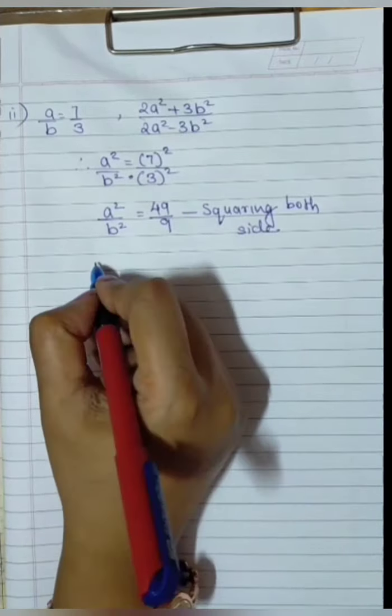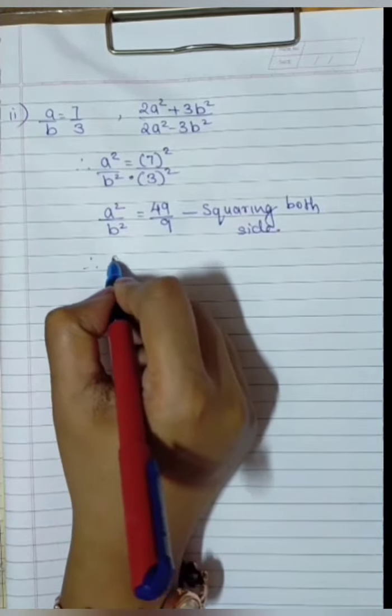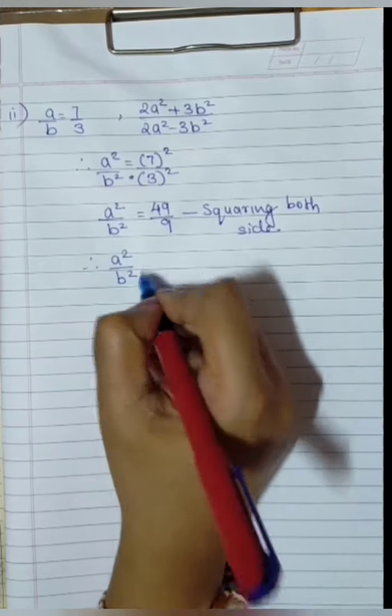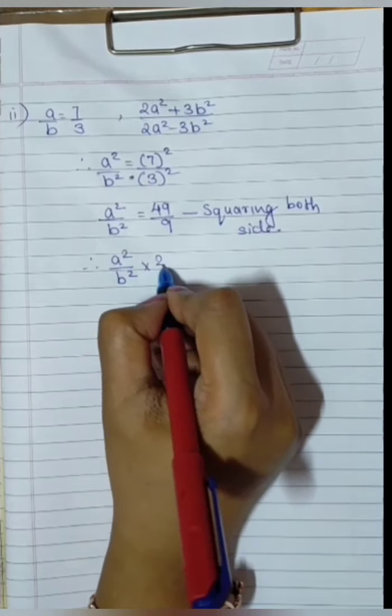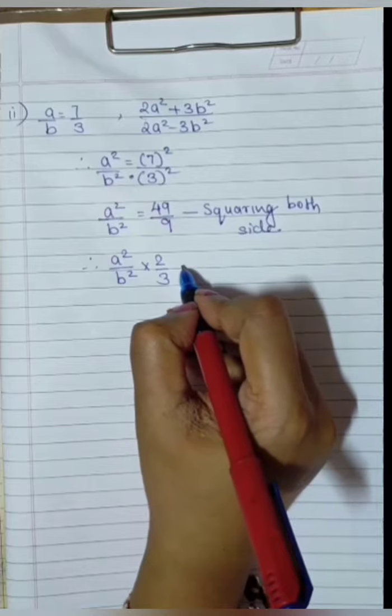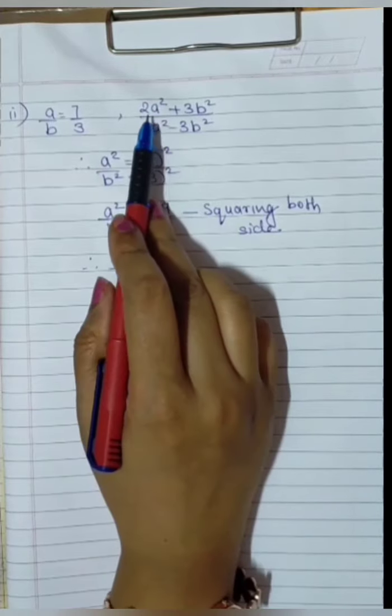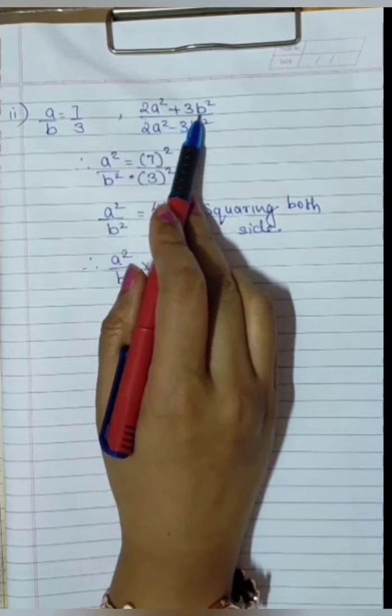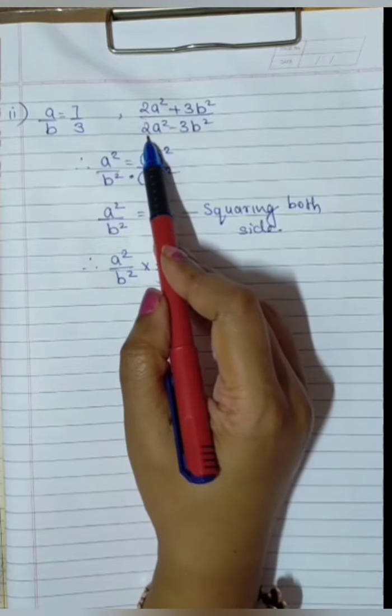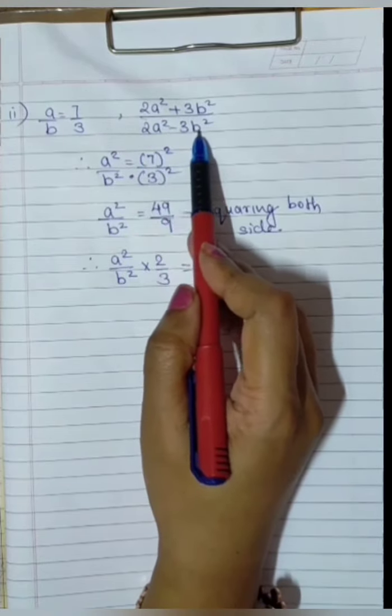Now here, A square upon B square gets multiplied by 2 upon 3. Why 2 upon 3? Because it is given 2A square plus 3B square, and down 2A square minus 3B square.